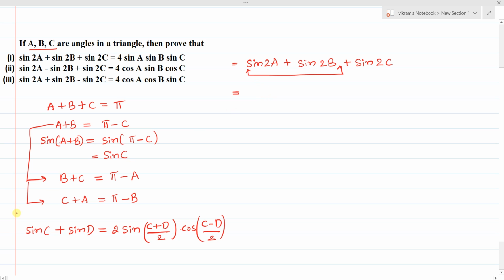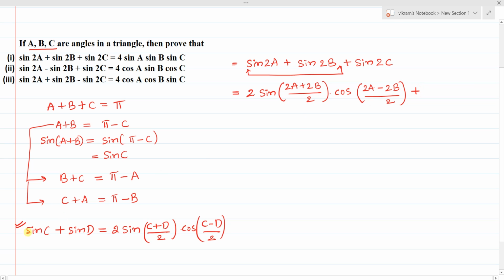By applying sine C plus sine D, we can write 2 sine of (2A plus 2B) by 2 into cos of (2A minus 2B) by 2.